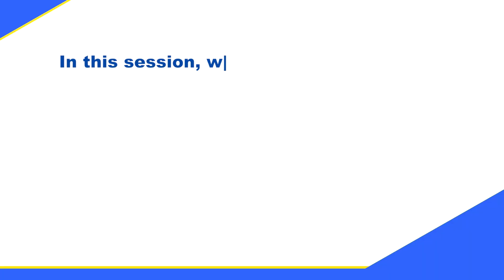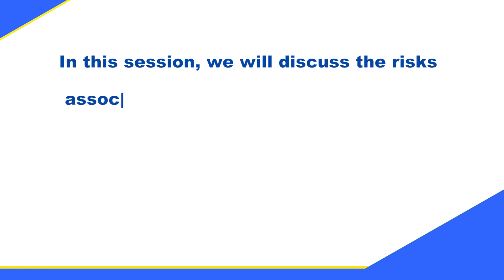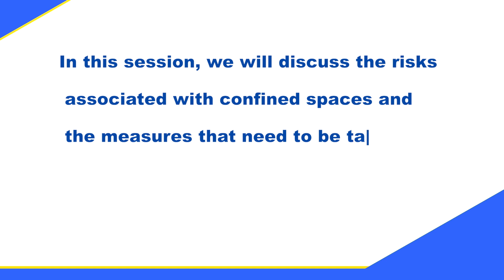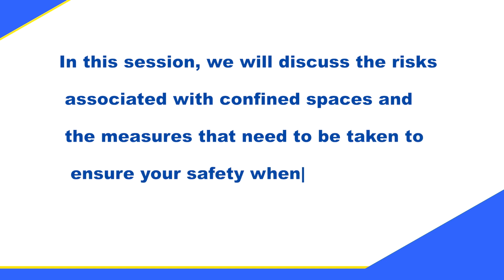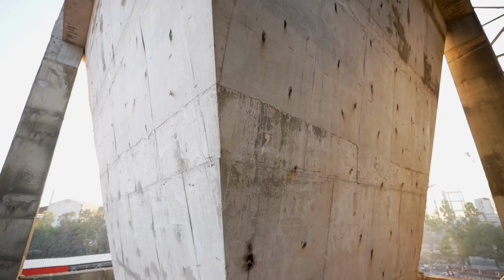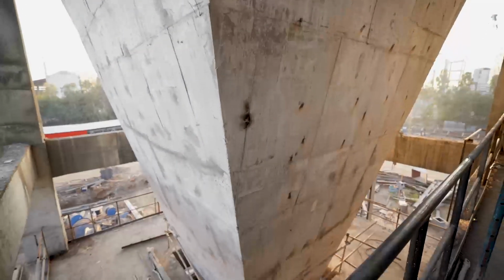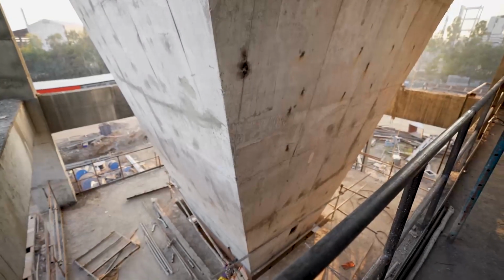In this session, we will discuss the risks associated with confined spaces and the measures that need to be taken to ensure your safety when working in such environments. A confined space is a space that is enclosed and has limited access points.